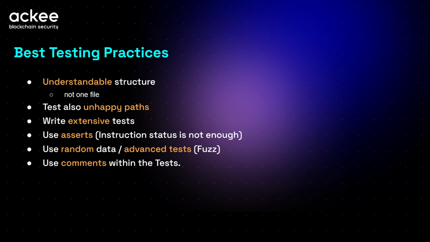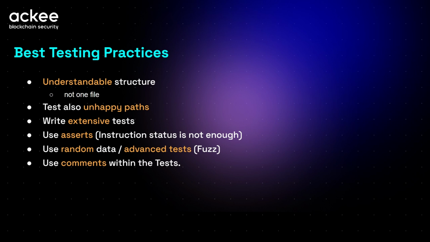The next point is about the assertions. This means you do not focus only on the behavior, or only on the return value of the instruction, but you also focus on assertions after the instruction.